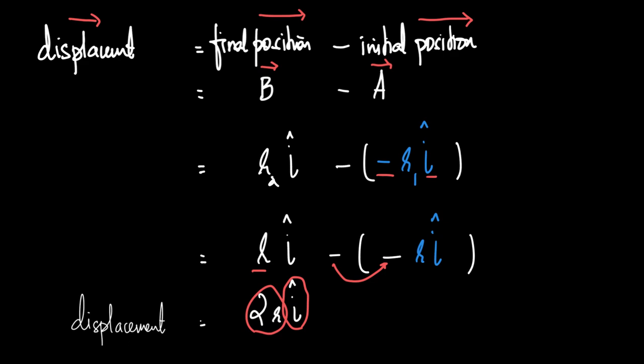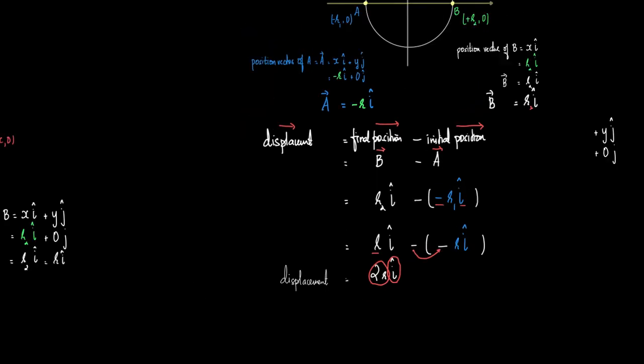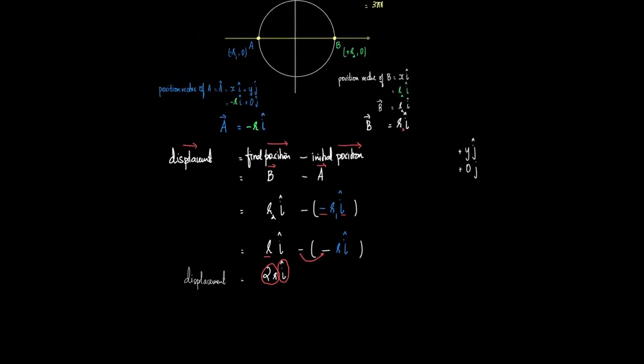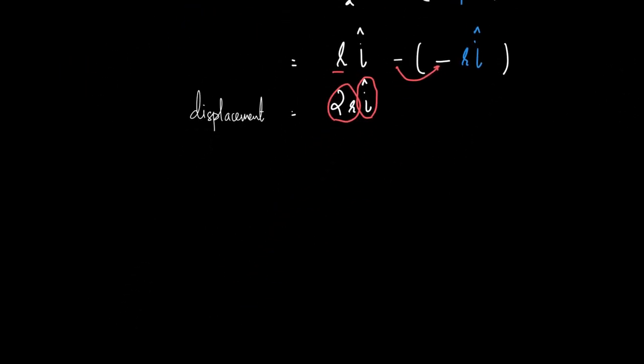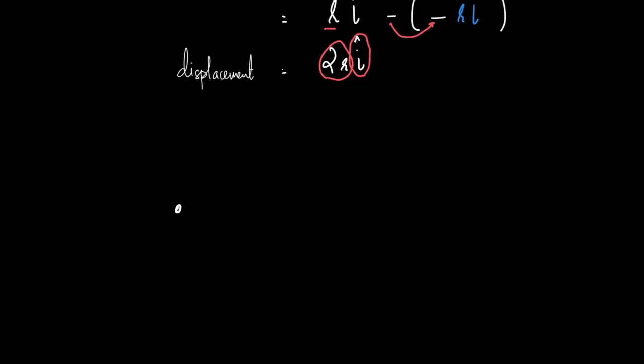So the displacement is actually 2R I cap. Now, what does this mean? 2R I cap means that if this is the initial position, then the magnitude of the displacement is 2R along what direction? Along the positive x axis.